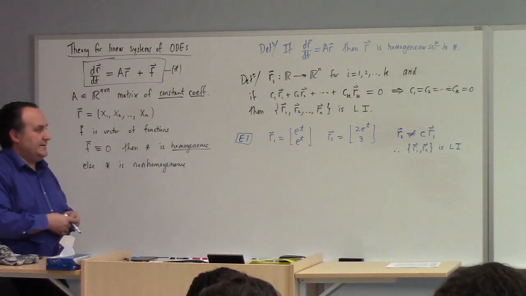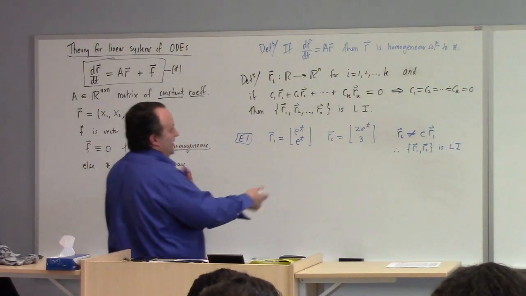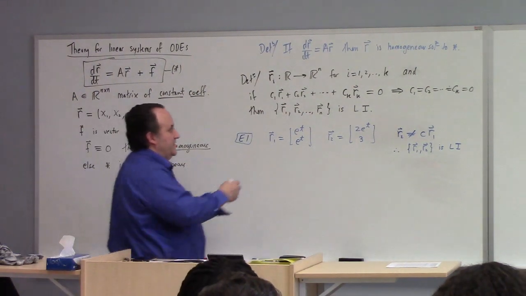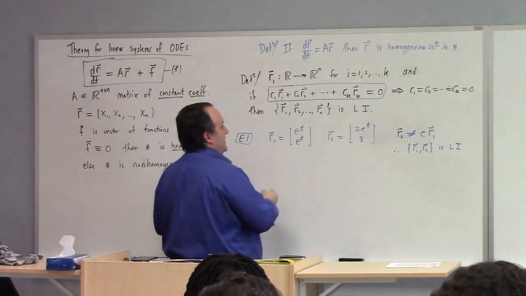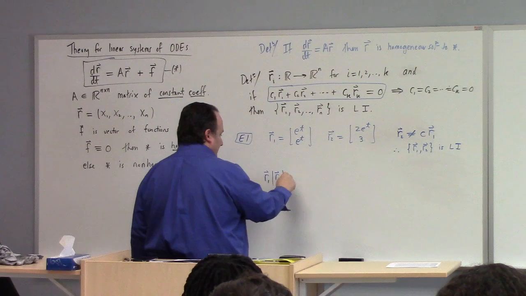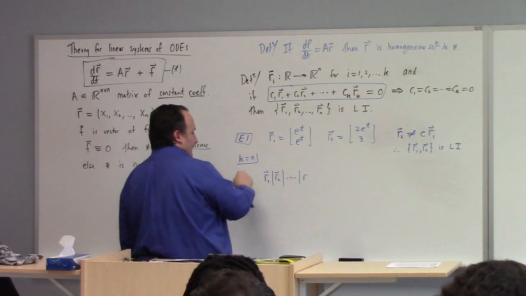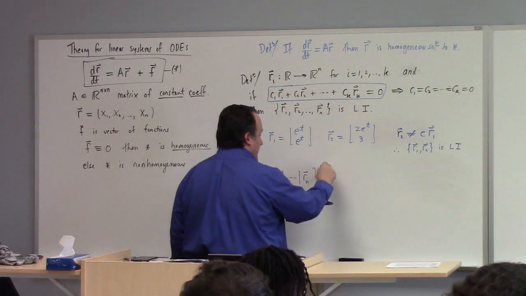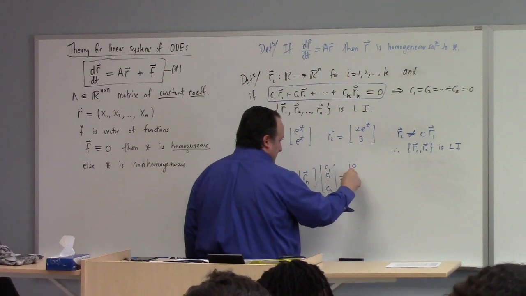All right? Now, is there some other kind of nice test we can do to check for linear independence? What do you think? How about this? We'll take this equation right here, and rewrite it as the matrix with columns R1, R2, up to Rn, where k equals n, times the vector c1, c2, cn equals the zero vector.